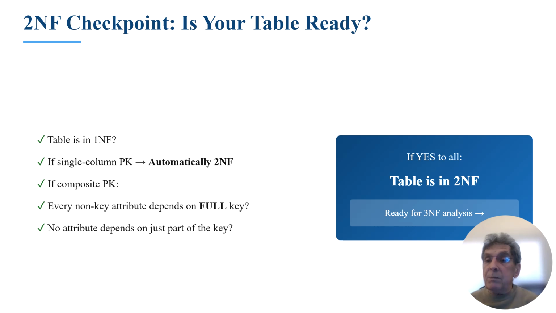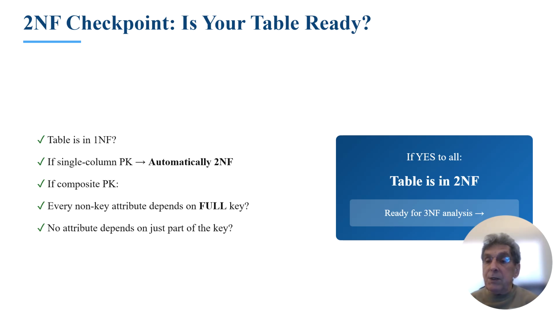If you have a composite primary key, ask, does every non-key attribute depend on the full key? Or do some attributes depend on only part of the key? The test is simple. For each non-key attribute, ask, do I need to know all parts of the key to determine this value, or just some parts?